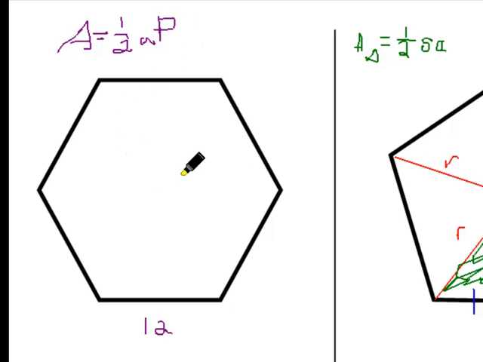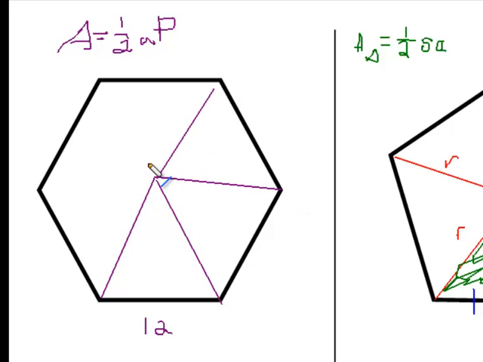Okay? And so we've got right here, if that's 12, let's figure out what the rest of these things are going to be. Well, we know if we did all of those angles, there'd be 6 of them, right? So 360 divided by 6 means each one of these angles has to be 60 degrees. So I'm going to write in here 60 degrees.